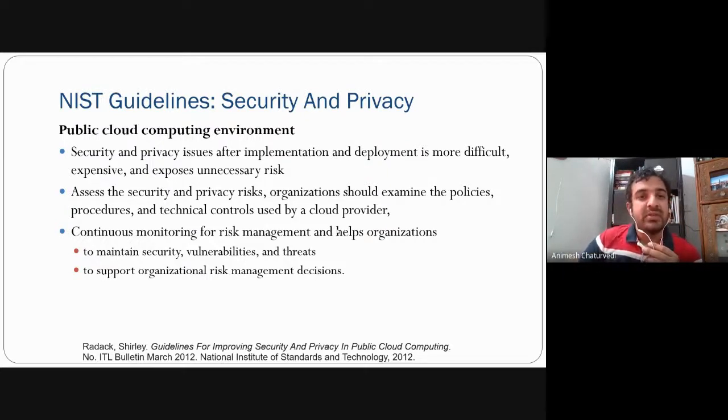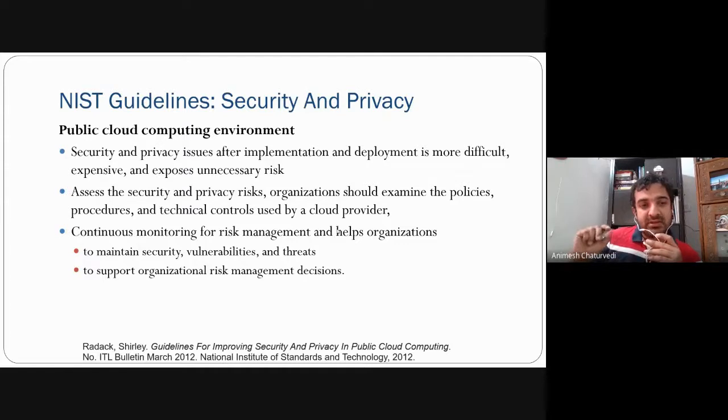So security and privacy should be properly implemented and deployed, so that there will be no unnecessary risk. Then in public cloud, security and privacy should be monitored properly in terms of access, meaning what access should be there for the different types of cloud users, so that the organizational policy is maintained. These procedures and technical controls should be maintained properly by the cloud provider.